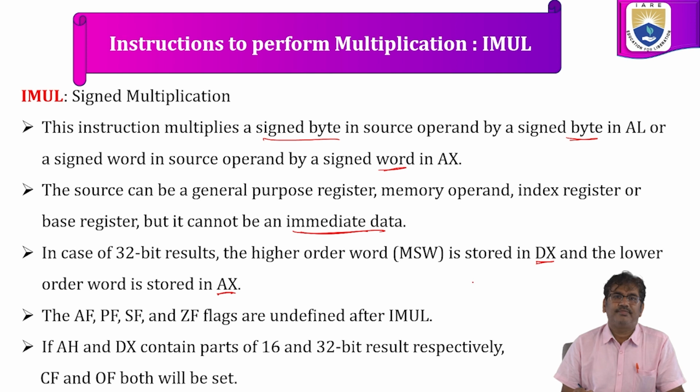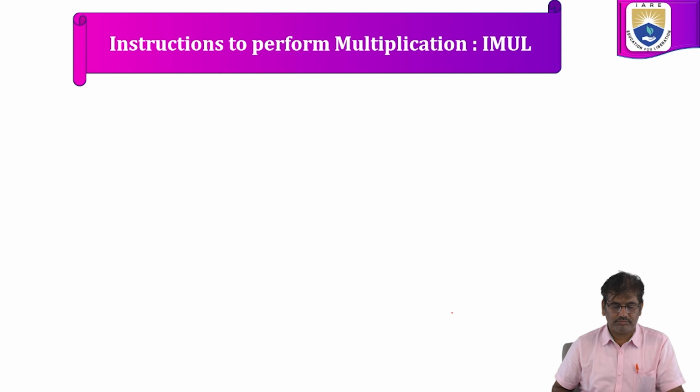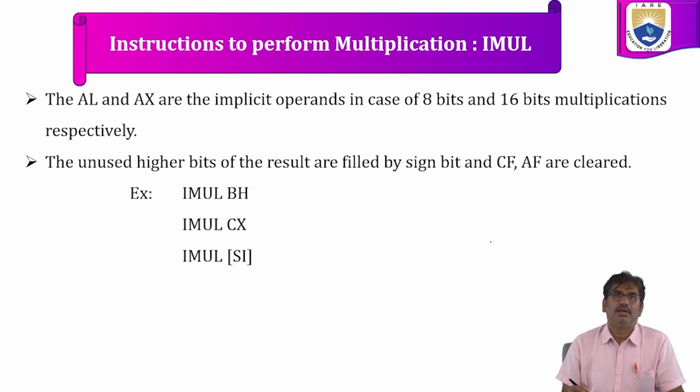The auxiliary carry, parity flag, sign flag and zero flag are undefined after IMUL. If AH and DX contain parts of the 16-bit and 32-bit result respectively, the carry flag and overflow flag will be set. The AL and AX registers are implicit operands.